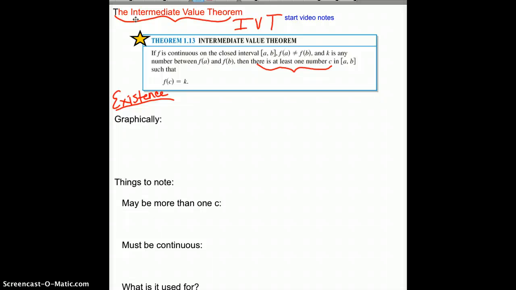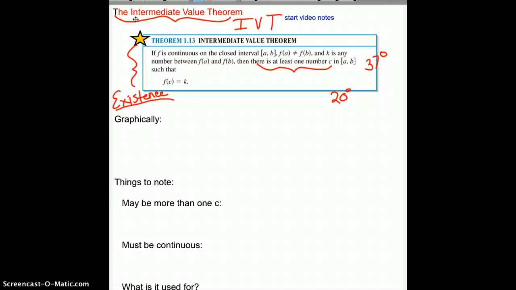So I'm not going to talk about it in terms of f of a's and b's and k's and all this stuff in here. I will in a minute. But the theory behind it is very simple. It just says this. Let's talk about, say, temperature. If it was 20 degrees this morning, and when you go home from school, it's 37 degrees, and temperature is a continuous function, which means it just doesn't hop from 20 degrees to 37 degrees.